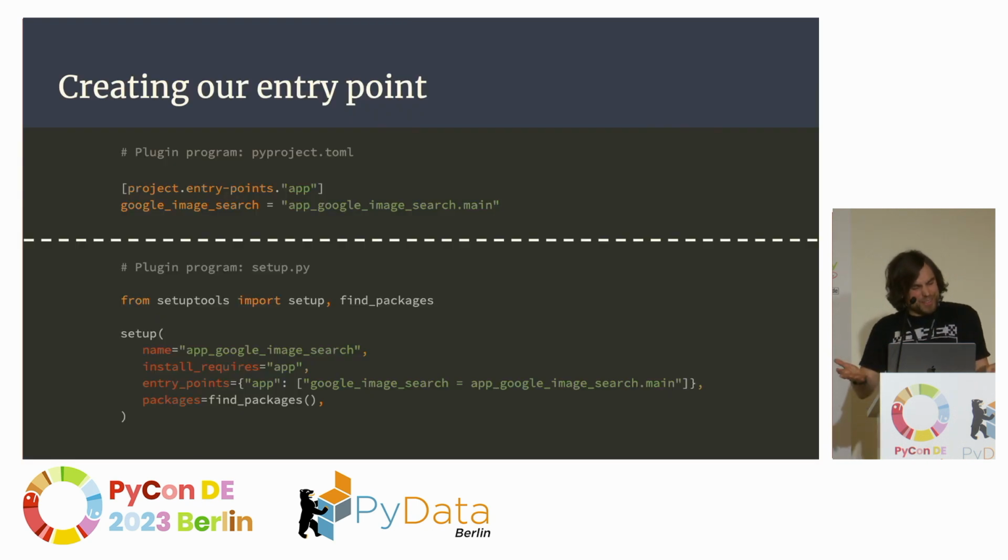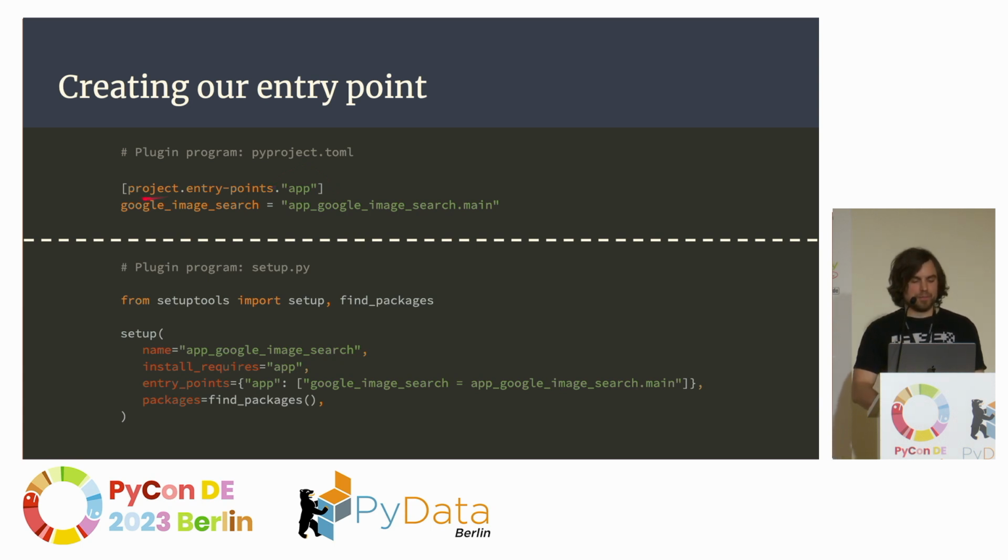And what does this actually look like in the code? I showed two different examples here. We have a pyproject.toml file, and we also have a setup.py file. And really, it's just as simple as having two nice little entries. This is the more modern way of doing it. We have project.entry-points.app, and that's the project name from earlier.